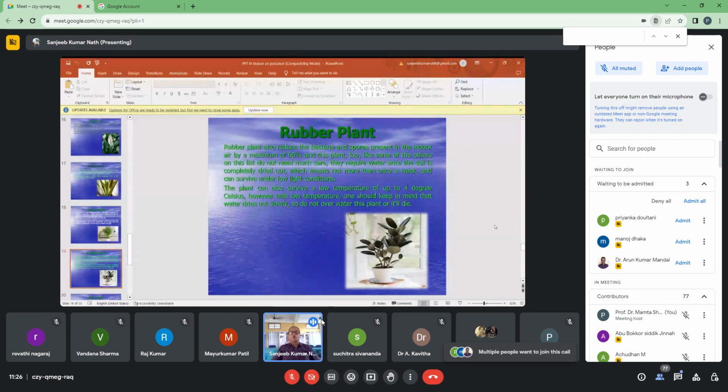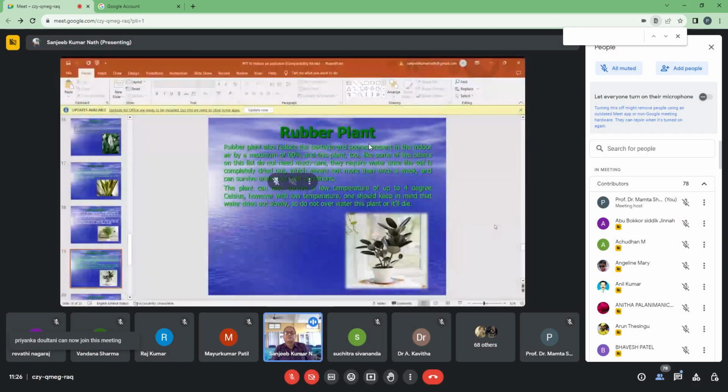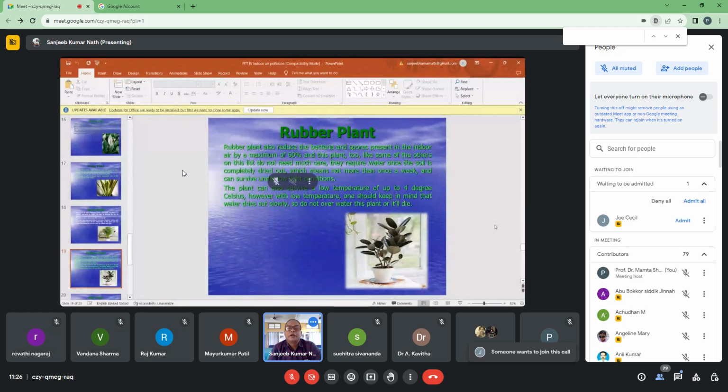Next, we can talk about the rubber plant. Rubber plant is also very important as it reduces the bacteria and the spores present in the indoor air by a maximum of 60%. And this plant too, like some others on this list, does not need much care. They require water once the soil is completely dried out, which means not more than once a week.